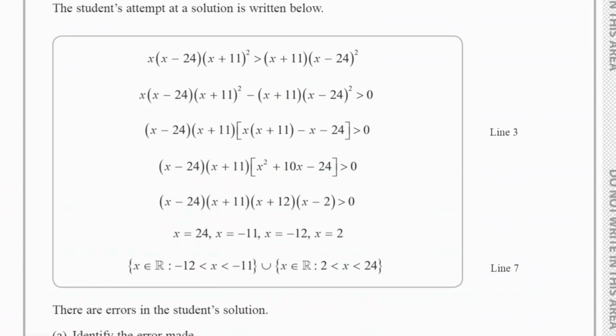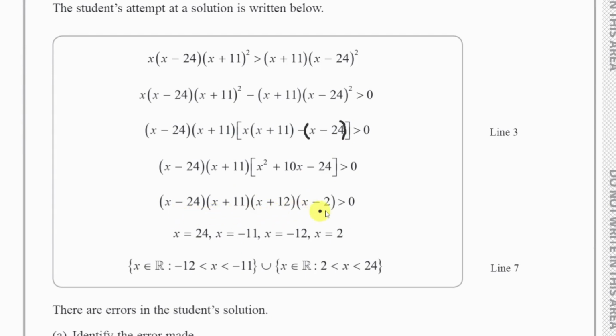If we then look at line 3, we can see that they have got a factorization issue here. When they've taken out the x plus 11 and the x minus 24, this here should have brackets around it, and they've omitted those brackets. And then if we work our way down through this problem, we're going from a positive quartic.